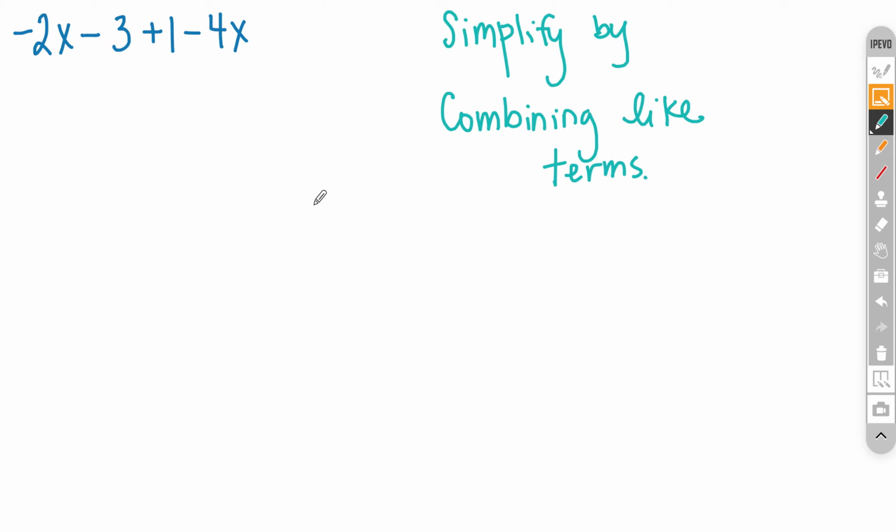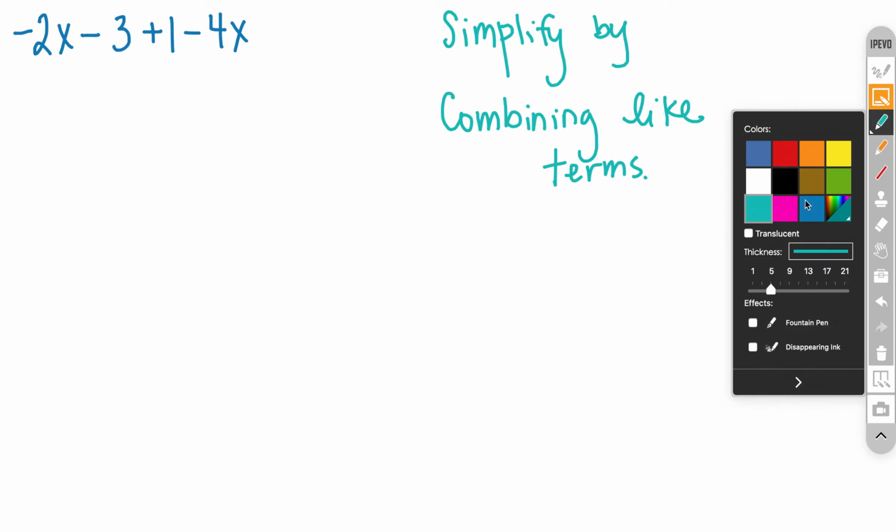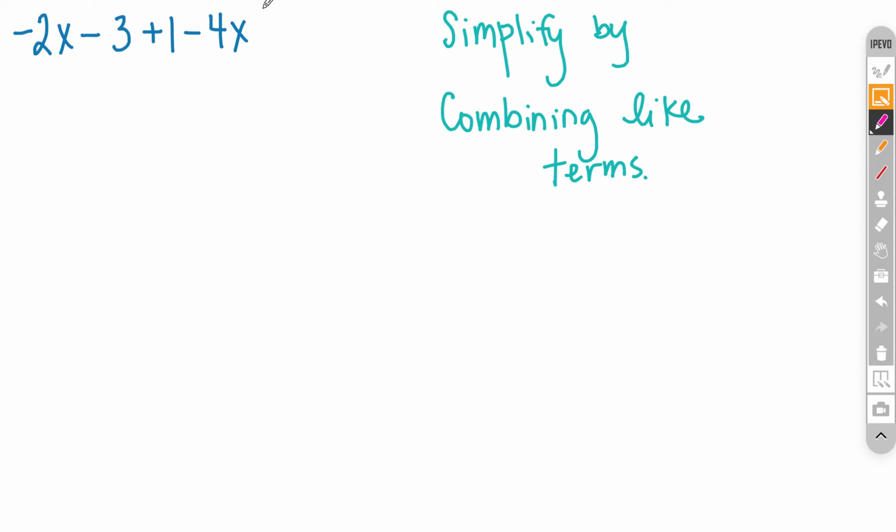The big thing that you want to do first when you're trying to simplify by combining like terms is rewrite any minus that you have in the algebraic expression. All right, so here we have negative 2x minus 3 plus 1 minus 4x.